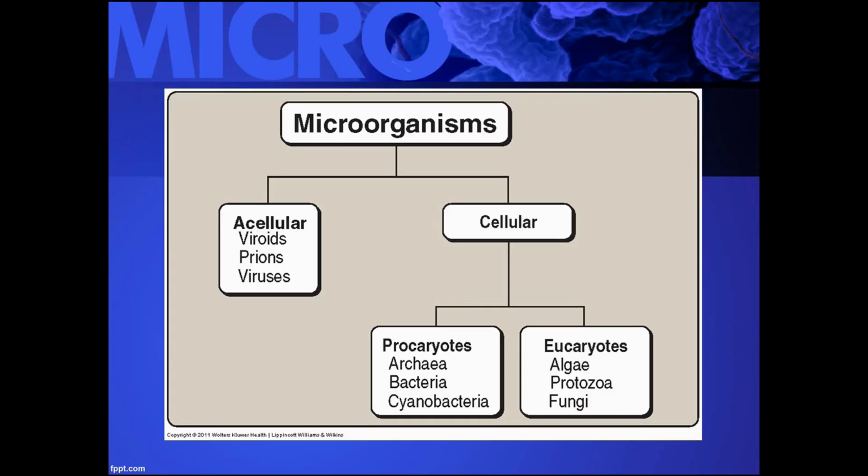Okay, so the microorganisms, as I just said, are acellular, viroids, prions, viruses, or cellular, which are subdivided into prokaryotes and eukaryotes. So the prokaryotes are primarily the bacteria, and eukaryotes are algae, protozoa, and fungi. Algae is طحالب, and protozoa طفيليات, and fungi the فطريات.